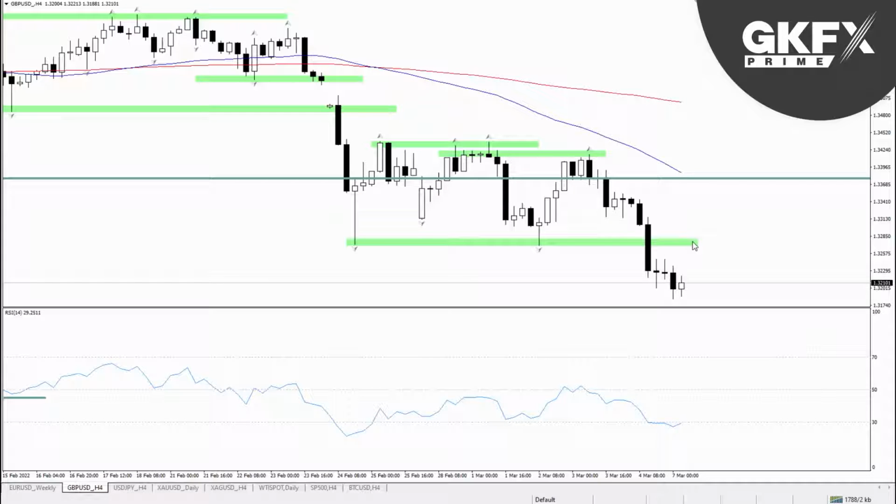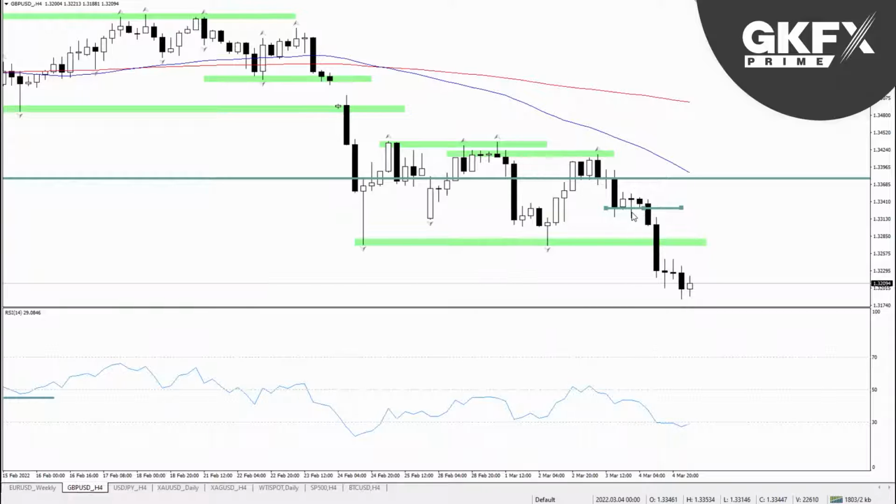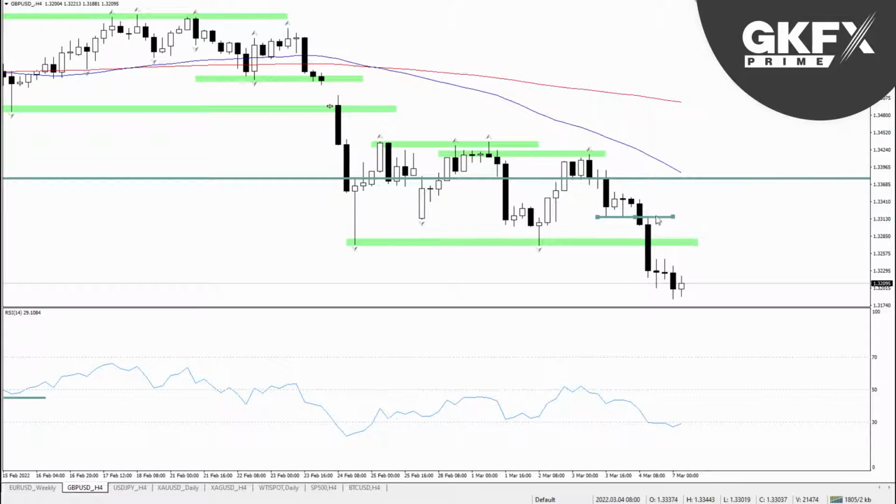And if that resistance doesn't hold, it means the downtrend's losing a bit of strength, and maybe we move up to test the next level of support, through these little lows here, or back up to the top of the range again, but it's looking pretty soft.